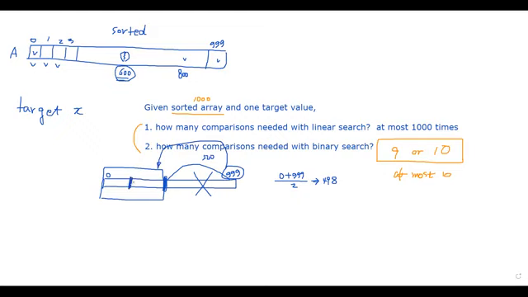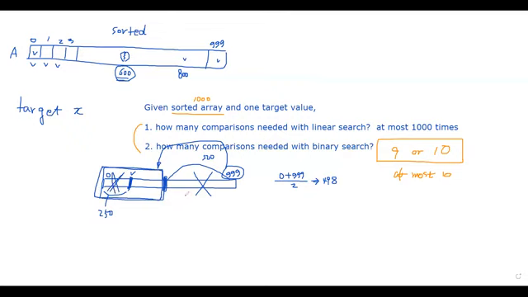After finding the next middle, you compare this number with the target value. If the target value is larger, we don't have to check this part. So we will ignore about 250 data, the half.